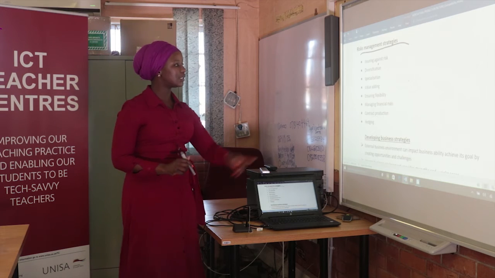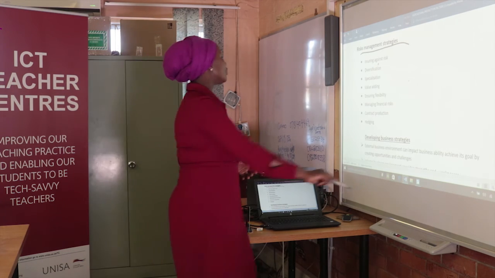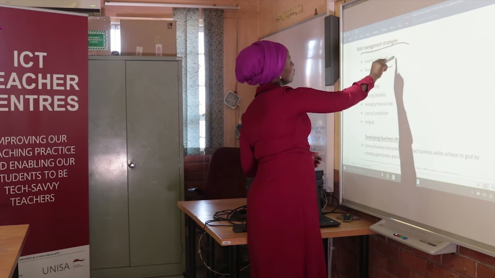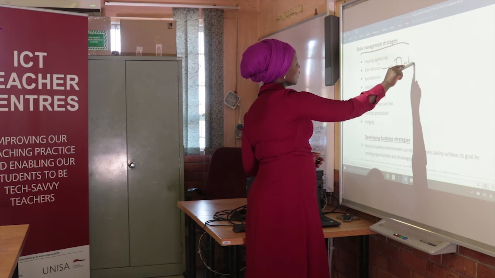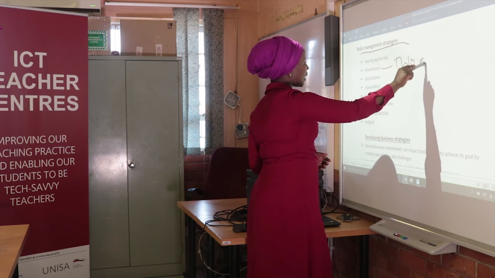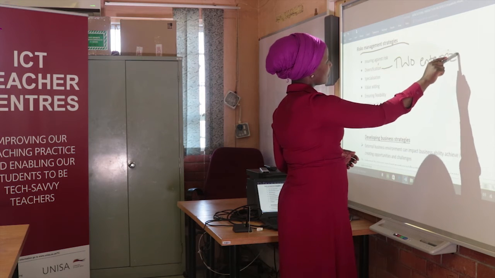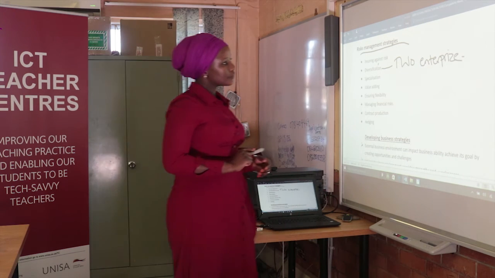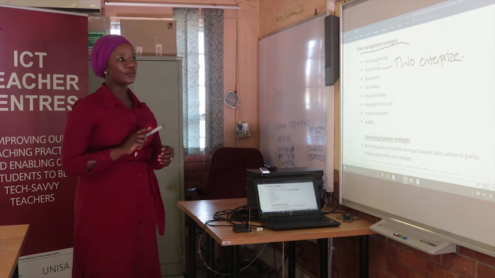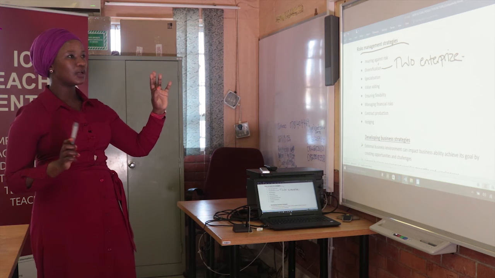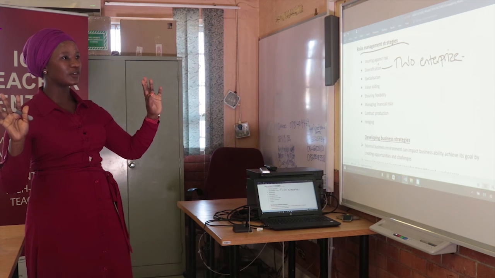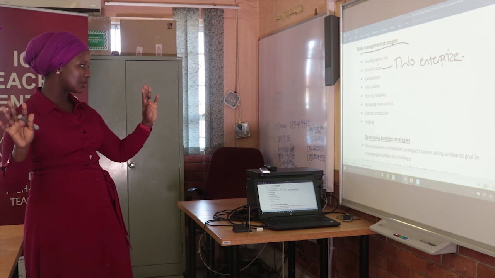And then we've got diversification. When we're speaking of diversification, we are looking at a farm that is working on two enterprises at once. Previously, we spoke of a pig farm working together with a horticultural farm, producing vegetables.